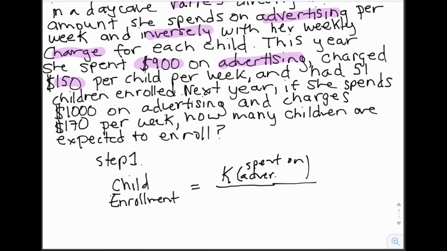So that's going to be on the bottom here. So weekly charge per child. And this problem did not tell us the square or cubed, so we should be good to go with this original setup here.